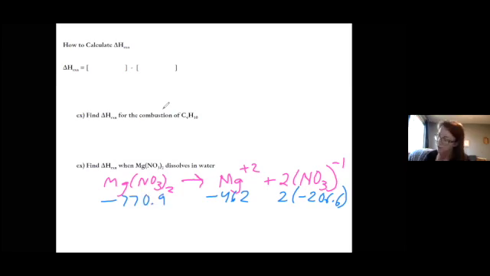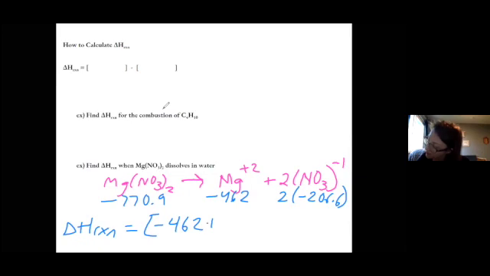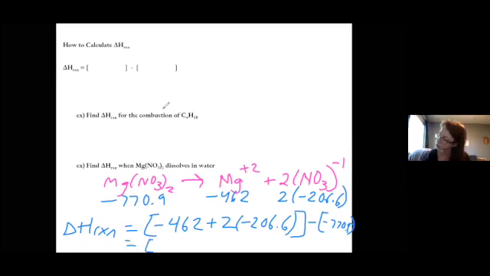Then I can find my heat of reaction by doing products minus reactants. Again, you have to show this work on your paper. If you don't want to simplify it on your paper, again, I think you're more likely to make mistakes, but that's okay. But this first line here, you do have to write out. I do like to simplify. So negative 462 plus 2 times negative 206.6 gets me negative 875.2.